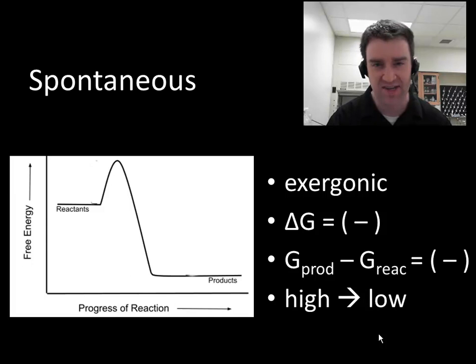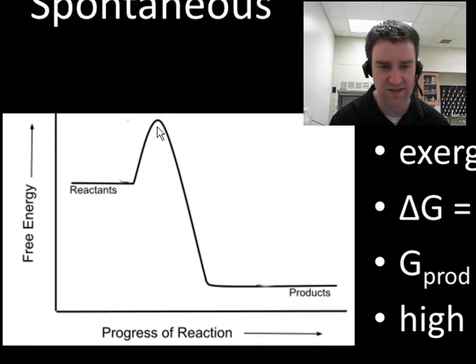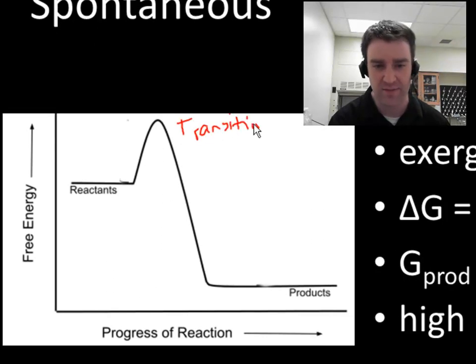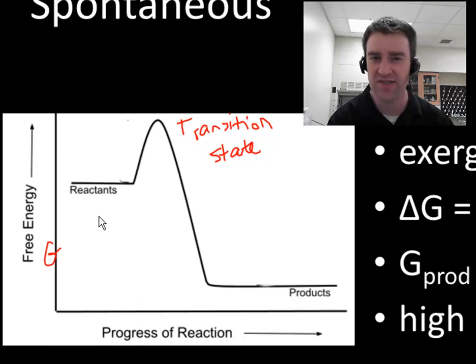On the x-axis, we're imagining some kind of chemical reaction progressing as chemical reactants go through some kind of transition. This is often called the transition state up here, and eventually become products. So here's the progress of the reaction on the x-axis, and here is our G, our energy level. We're not actually showing numbers on this kind of graph, it's more just the concept.